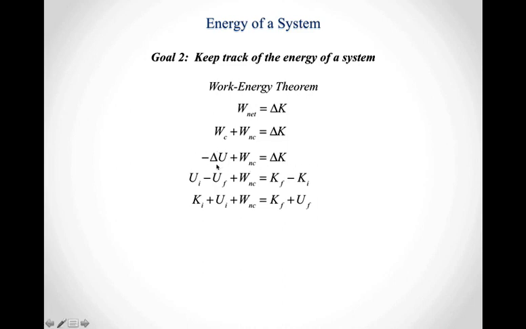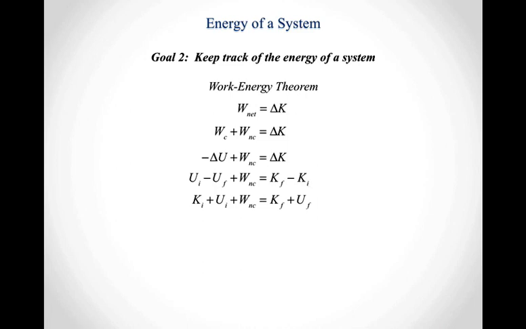And so all I'm going to do is break up this term, and since this is negative the change in potential energy, this will actually be the initial minus the final potential energy plus the work done by non-conservative forces equals, and delta K is just final minus initial kinetic energy.